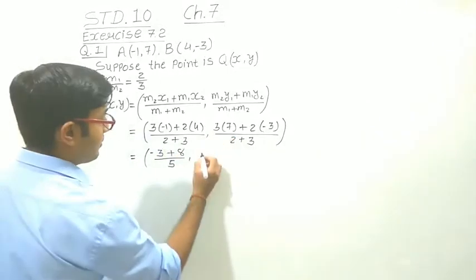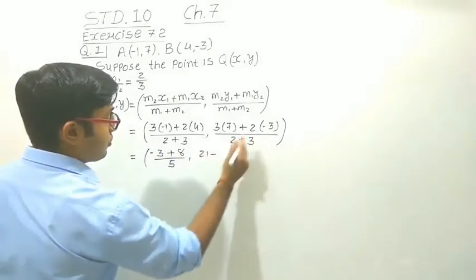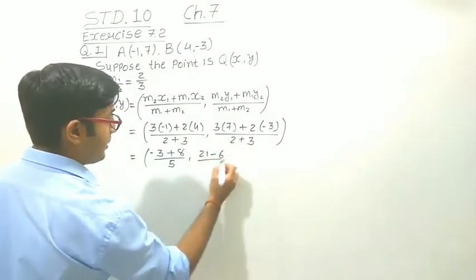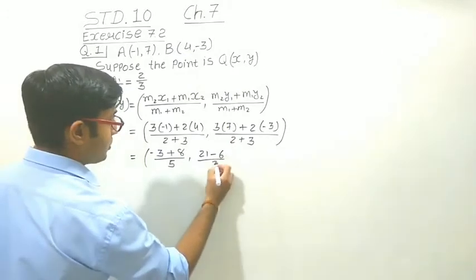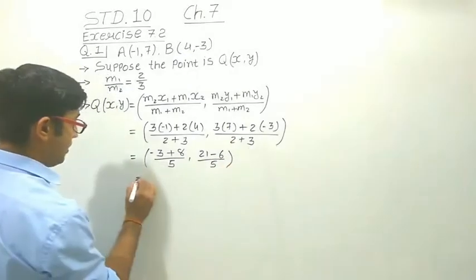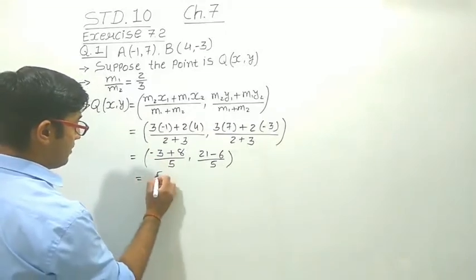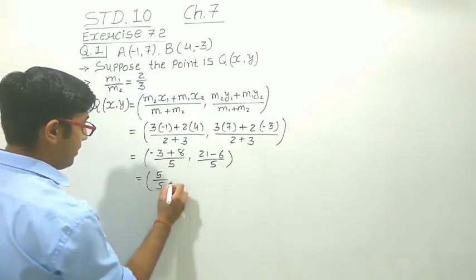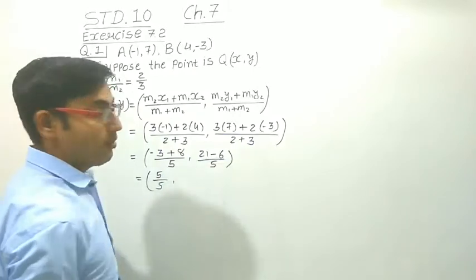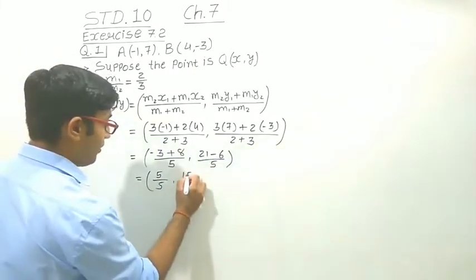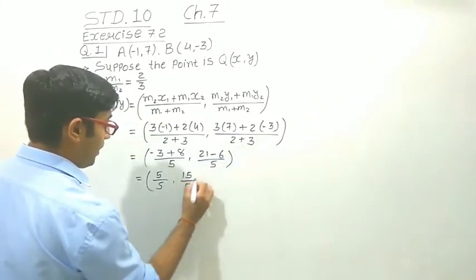In the same way, 7 threes are 21, 3 twos are 6 but the sign is minus, upon 3 plus 2, that is 5. Further simplifying, we get 8 minus 3, that is 5, upon 5, and 21 minus 6 is 15, upon 5.